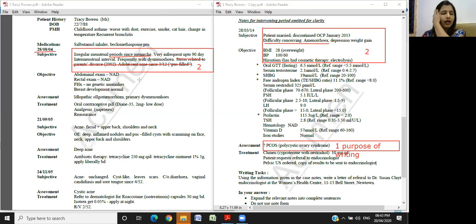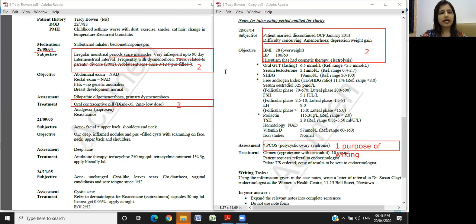We don't merge two timelines, but here, because we have to explain that they already have had this problem right from the beginning, that is the reason we are merging them, right? So also being on the oral contraceptive pill would go in the second paragraph, so that I can mention that in spite of discontinuing them, they haven't been able to conceive.